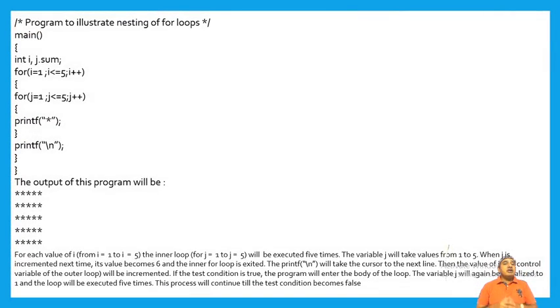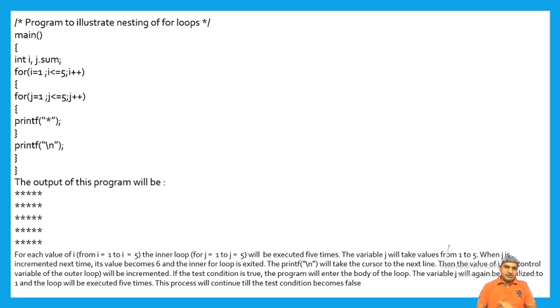Now nesting of a for loop. Main, consider integers i, j and sum. These three are integers. Initialize the for loop, i is equal to 1, this is the initialization, then i is less than or equal to 5, the test condition, and i++ is the increment.